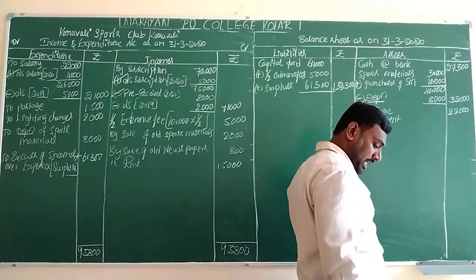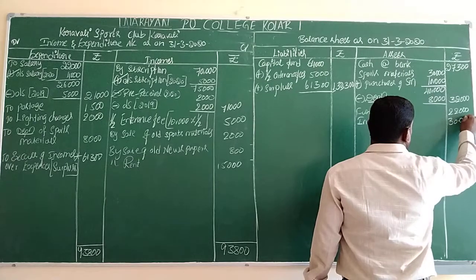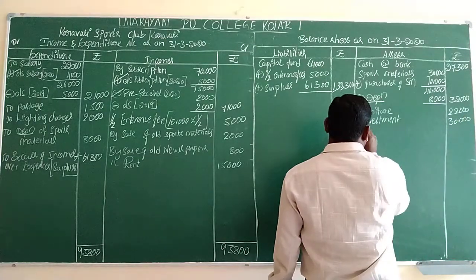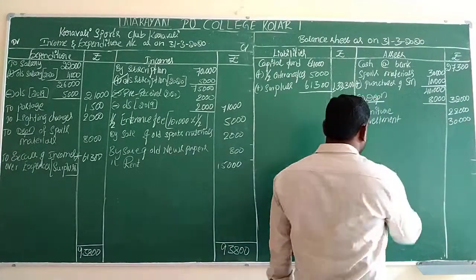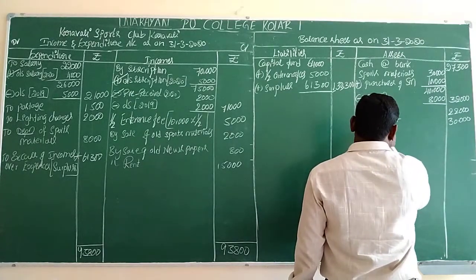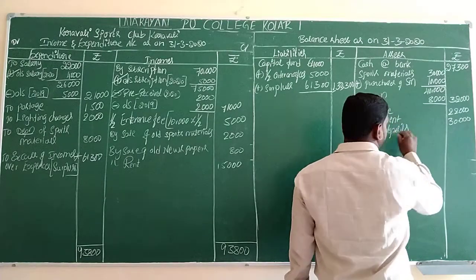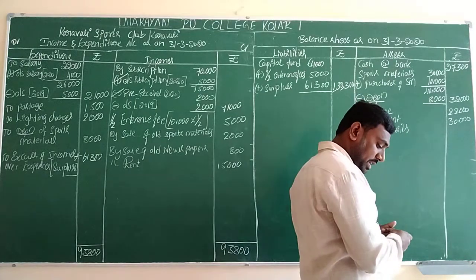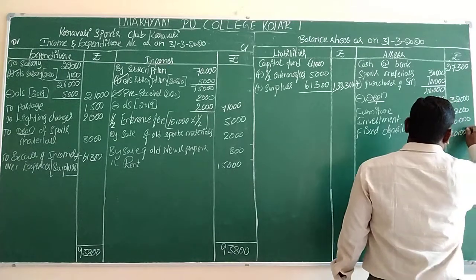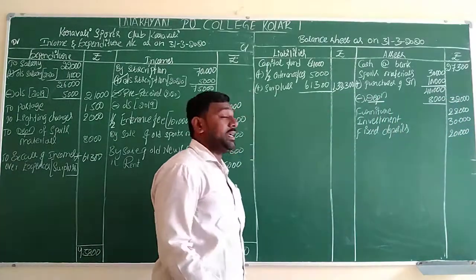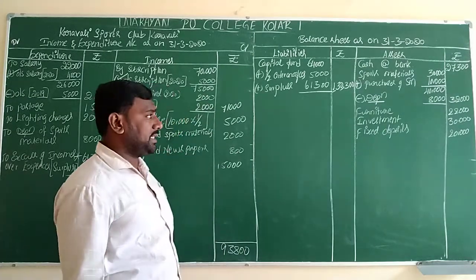The value of investment is 30,000. After this, fixed deposits. The fixed deposit value is 20,000. So, from the receipts and payments account and the old balance sheet, all the assets and liabilities we transfer here. Let's come to the adjustments.